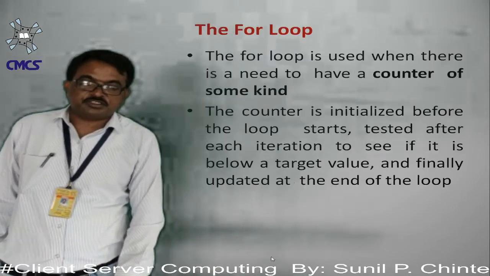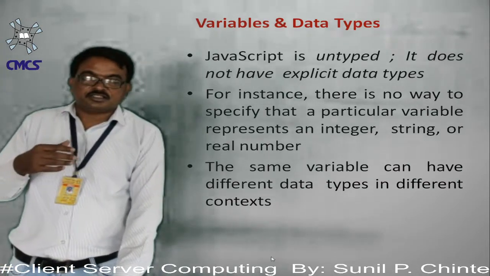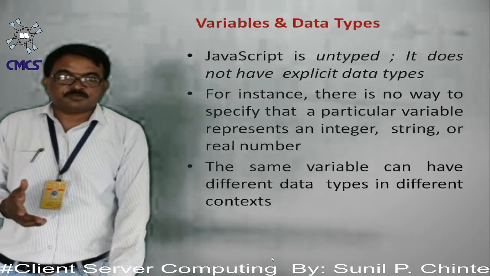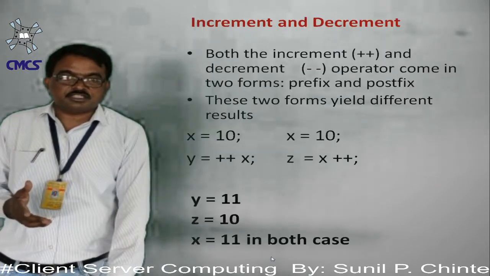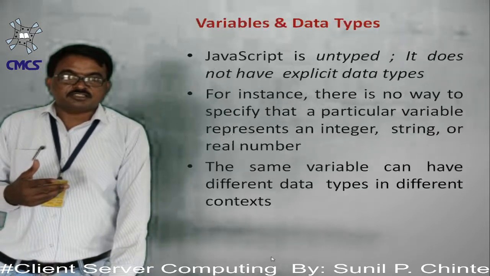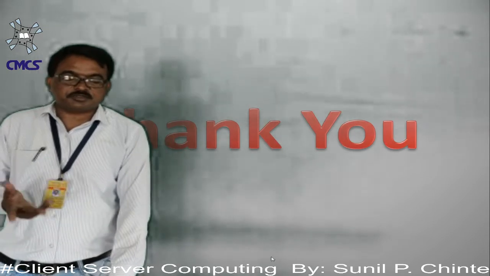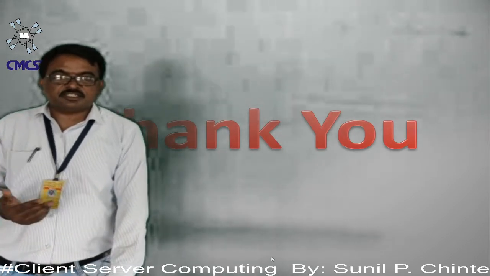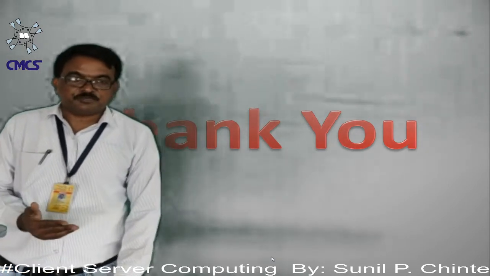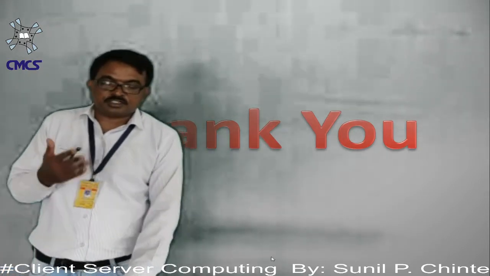Okay, so this is all about your JavaScript language. In these sessions we discussed the composite data types, that is the arrays. How we can declare the arrays? We can declare the arrays by using the array constructor or the subscript operators. We can access the array element by using the subscript operator and the index values. We discussed the operators in JavaScript.